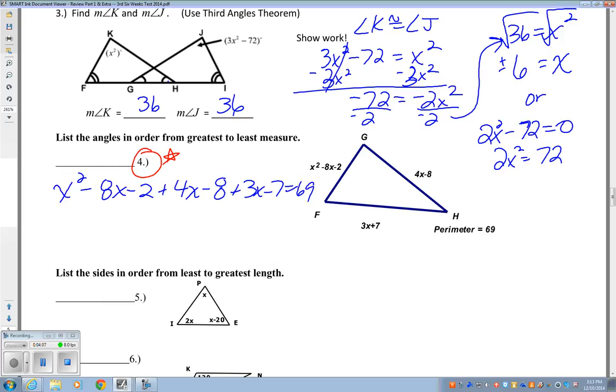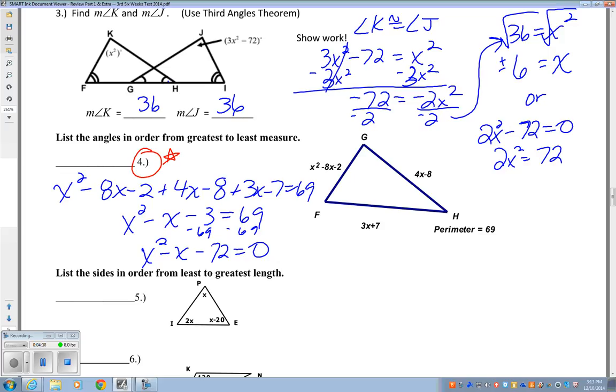Okay, and then you simplify that. So you got x squared minus x minus 3, and then you had equal 69. Didn't you make this equal to 0? Oh, yeah. All right, so standard form, x squared minus x minus 72 equals 0.